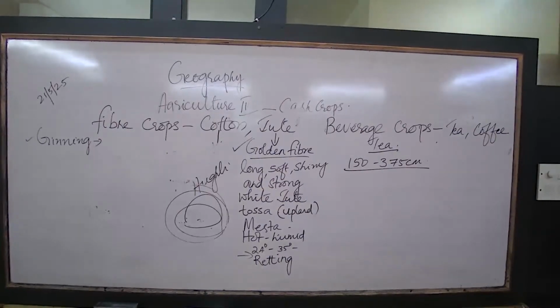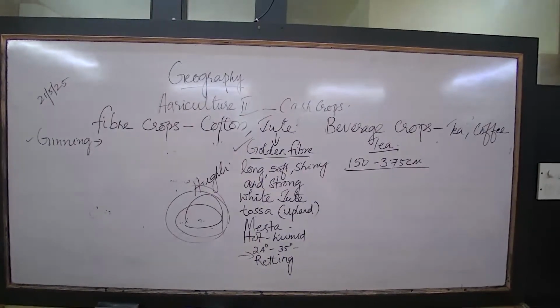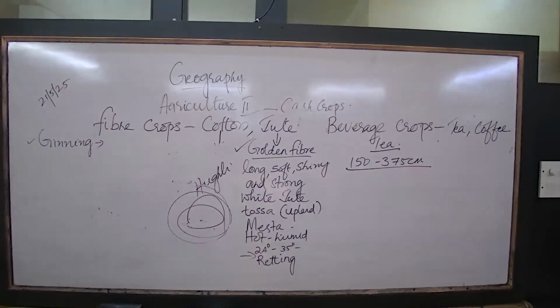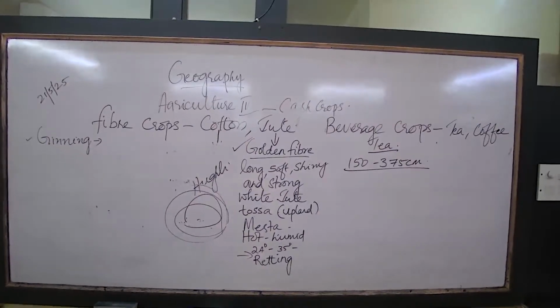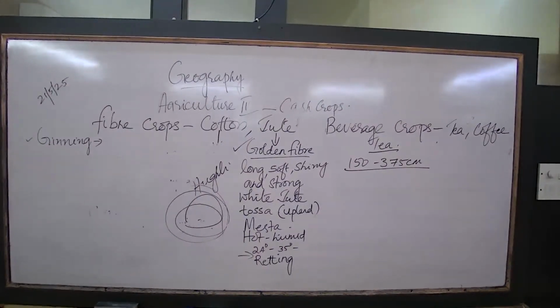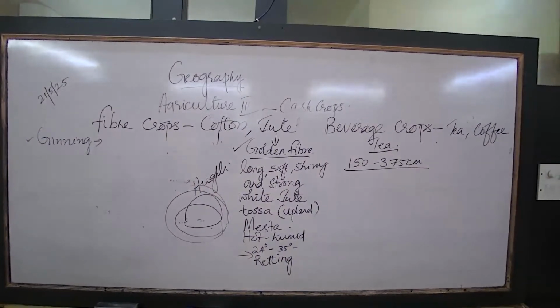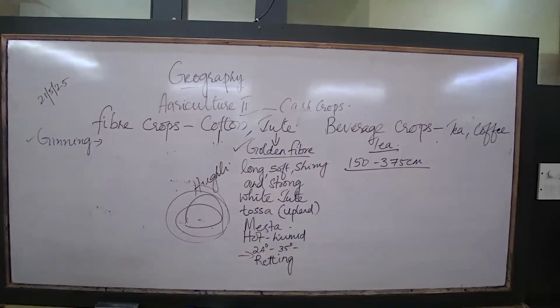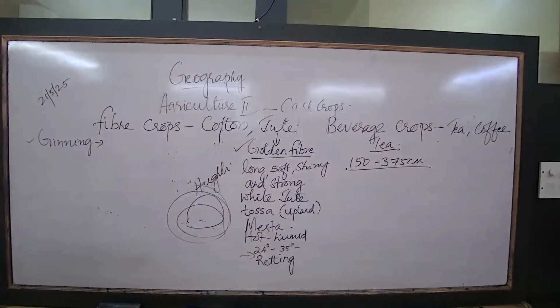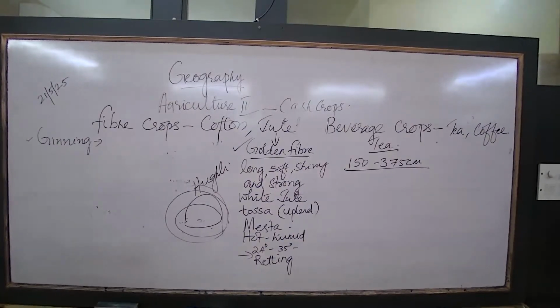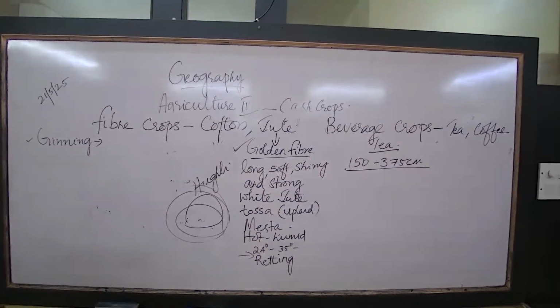Fermentation. Leaves are allowed to ferment, and this reduces the amount of tannic acid in the tea by half, but does not impair its flavor. So it is fermentation. See, normally they keep these leaves with moisture. Understood?